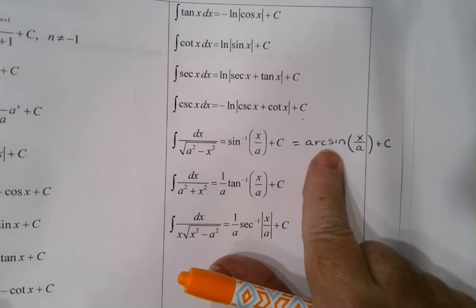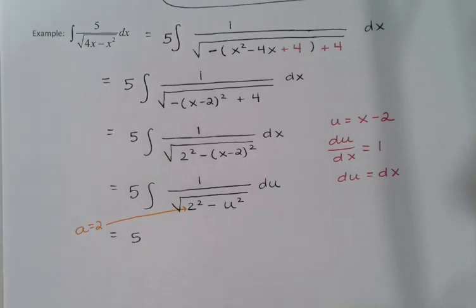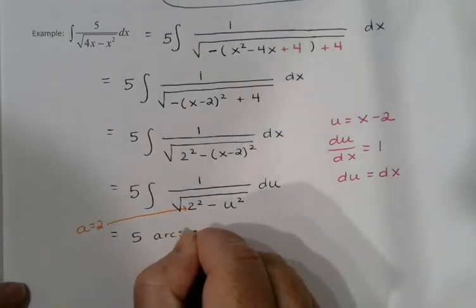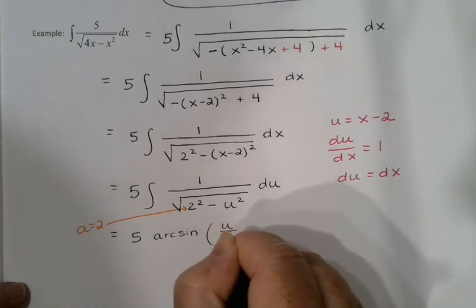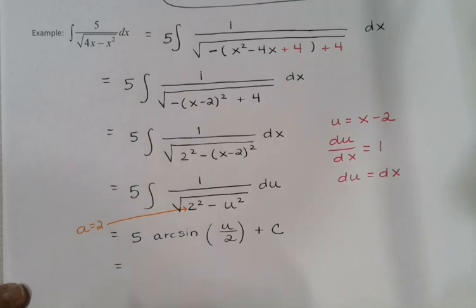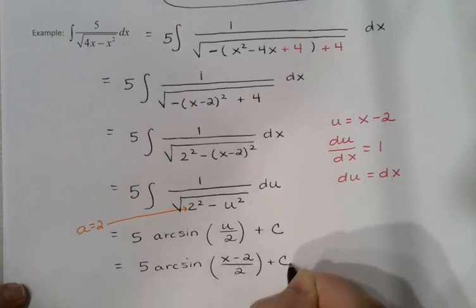So I'm going to get the arc sine of u over 2, plus c, or 5 times the arc sine of x minus 2 over 2 plus c.